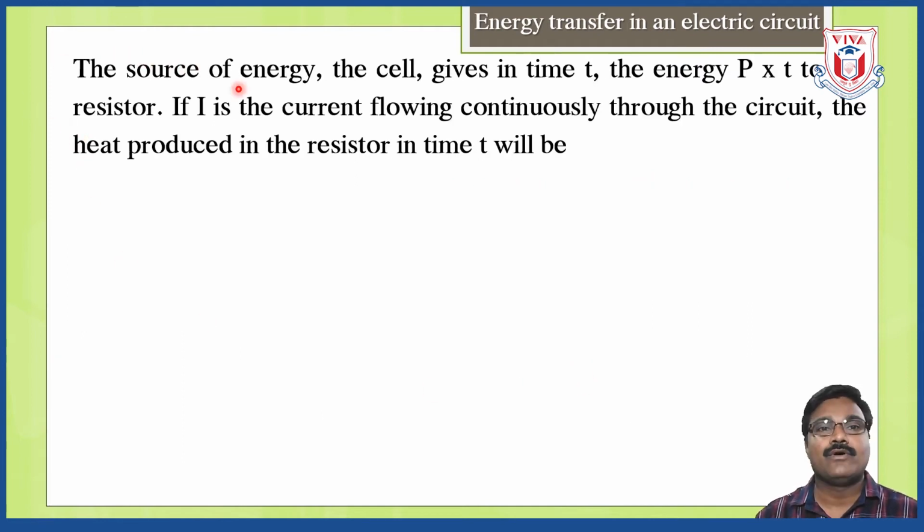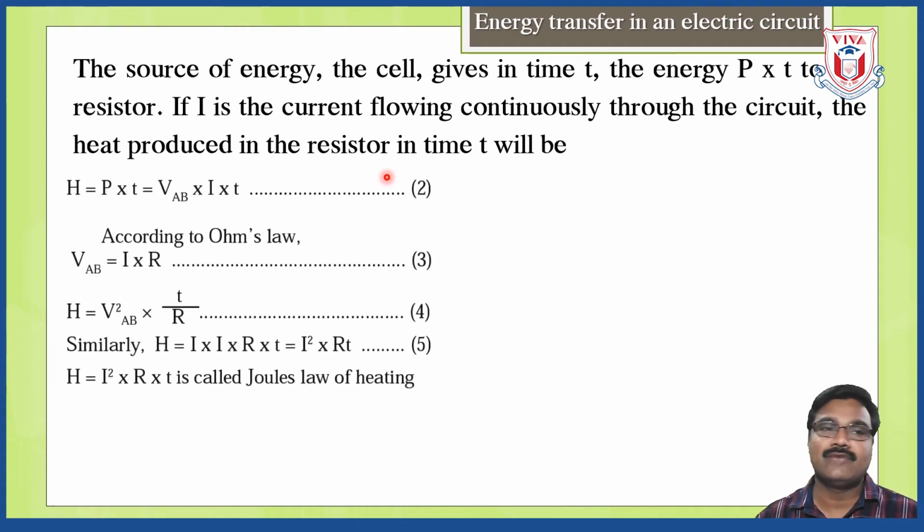The source of energy, the cell, gives in time t the energy P into t to the resistor. If I is the current flowing continuously through the circuit, the heat produced in the resistor in time t will be given as H is equal to P into t, which is VAB into I into t.